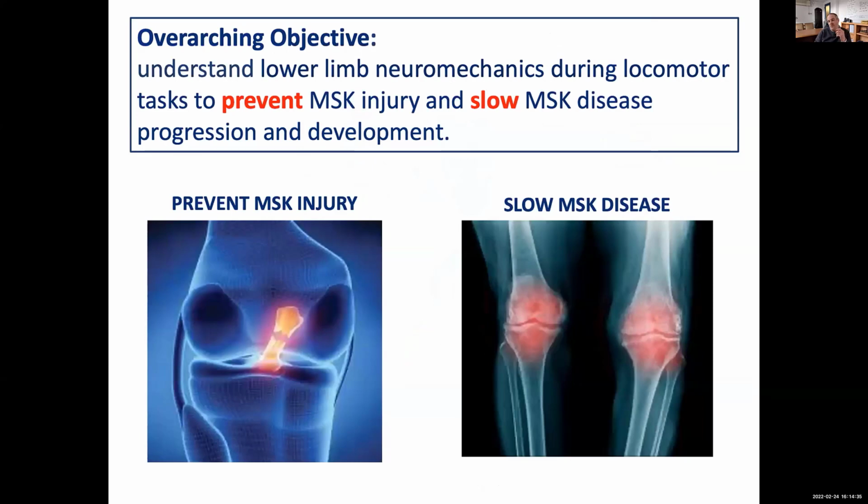Right. So most of my research kind of fits under the idea we're trying to understand lower limb neuromechanics during locomotor tasks to prevent acute musculoskeletal injury or to slow development progression of musculoskeletal diseases like osteoarthritis.